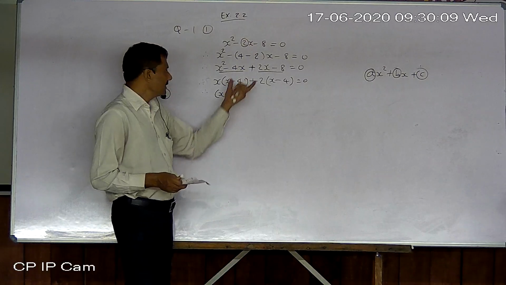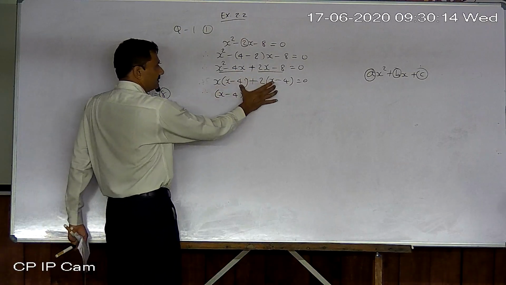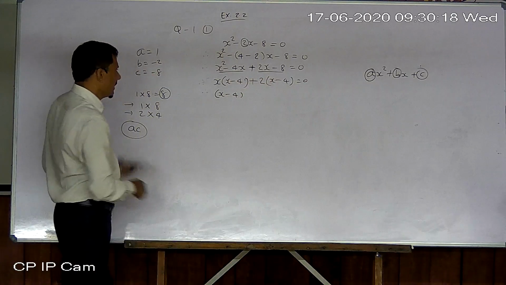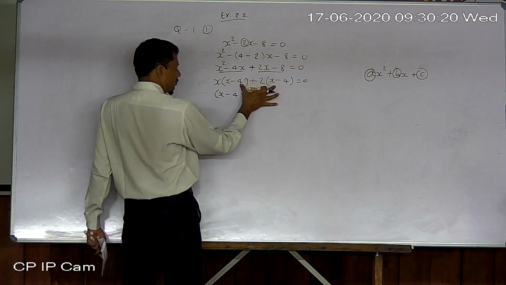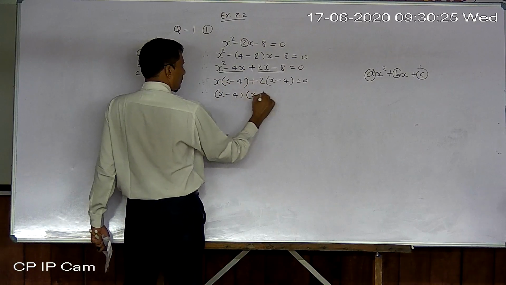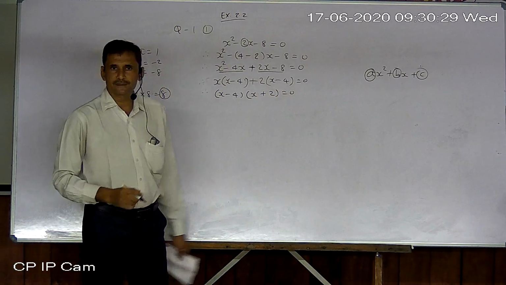This is the verification that so far our old steps are right. Now the x minus 4 whole bracket is taken common. From the first term x is left, from the second term 2 is left. So we got 2 factors.